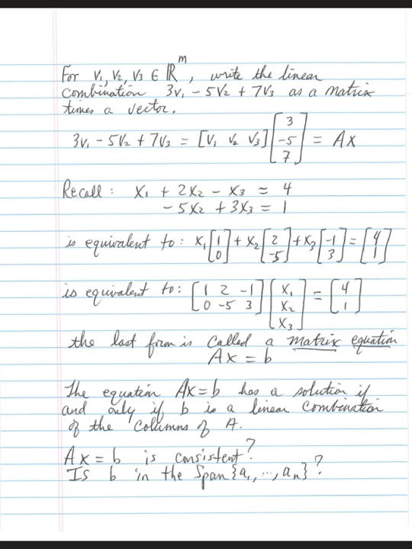For vectors v1, v2, and v3 that are in Rm, write the linear combination 3v1 minus 5v2 plus 7v3 as a matrix times a vector. Okay, so we've got v1, v2, and v3 multiplied by 3, -5, and 7.